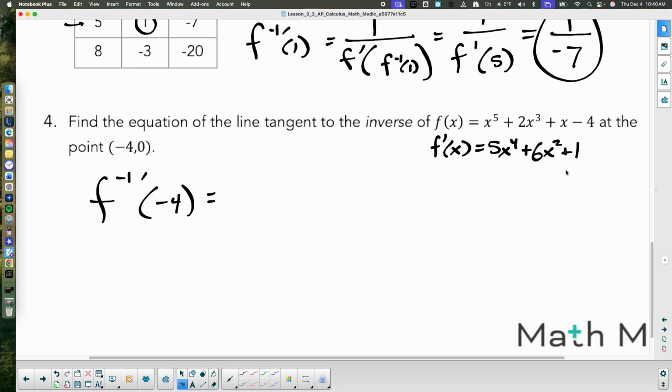Usually they don't give you the point. Usually you have to figure that part out. So wait, if they didn't give you the point, how would you figure it? That is what the equation is. So you just find the point.